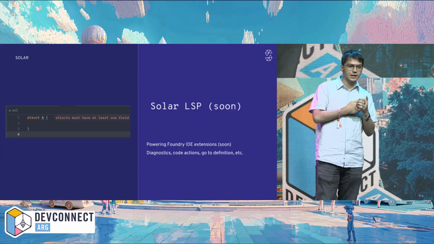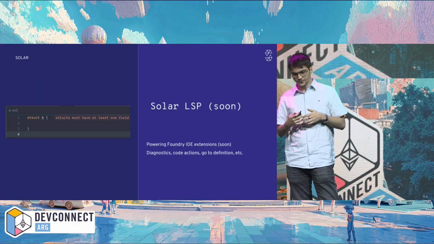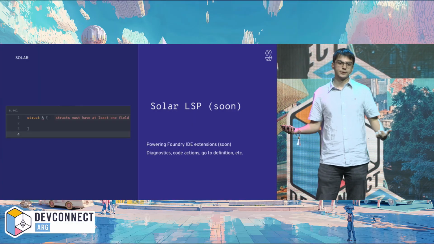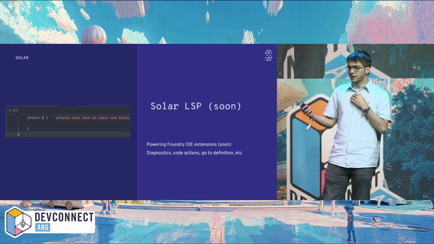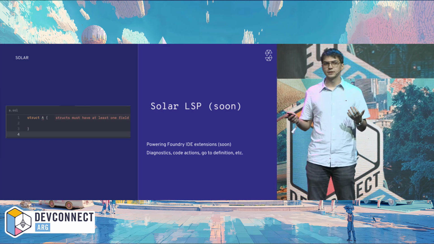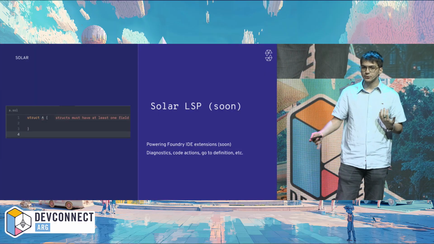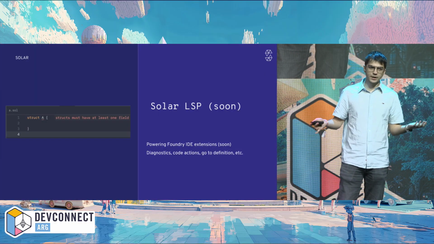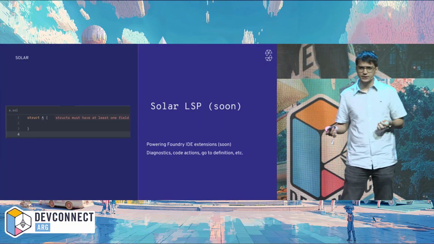After this, we're also, of course, planning to finish the compiler itself. So this means implementing a backend. Right now, Solar is only a front end, which means it can parse and analyze code, but it cannot emit bytecode yet. We're looking into various different backends and ways to actually implement this.